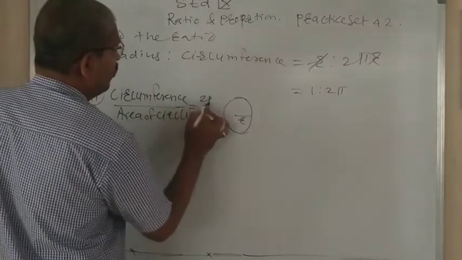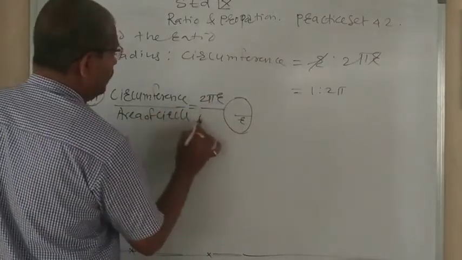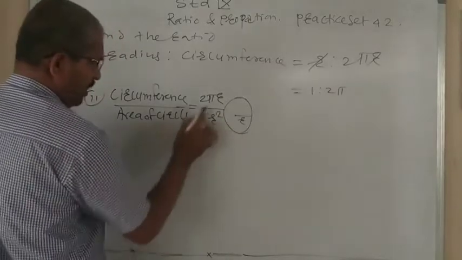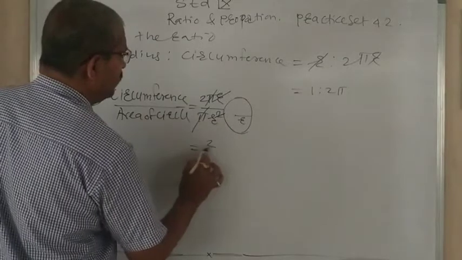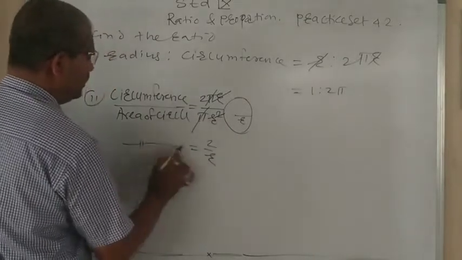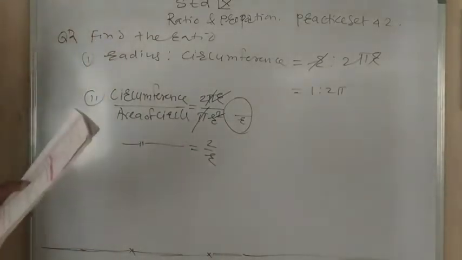What is the circumference formula? 2 pi r, and the area is pi r square. Then this pi cancels, the radius and square term cancel. 2 upon r is the required answer.